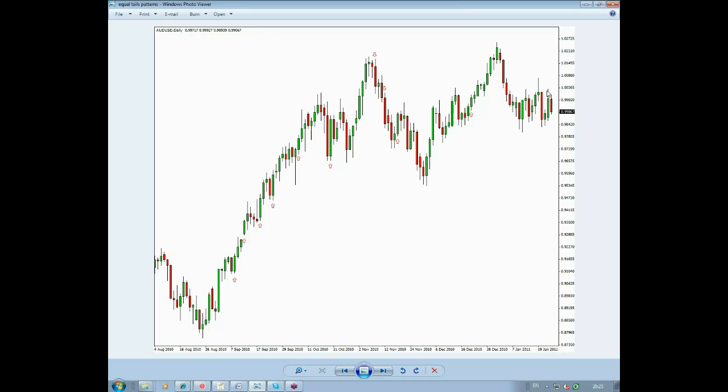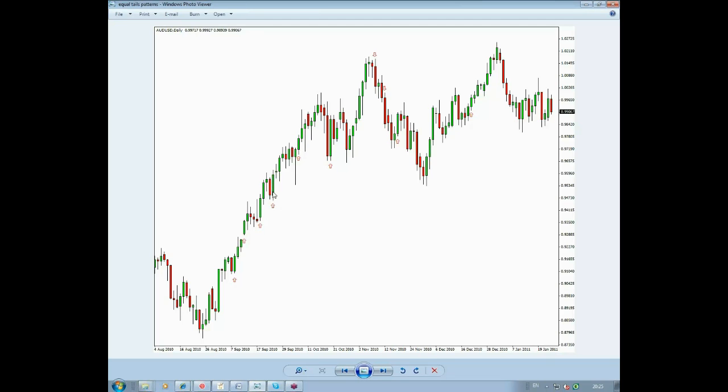Then after this stop, pay attention, friends. The red one looked like an equal, but it's not equal. Can you see it? The lower tail is bigger than the upper, right? And then we had this green bar. Can you see? We had this green bar with equal tails.